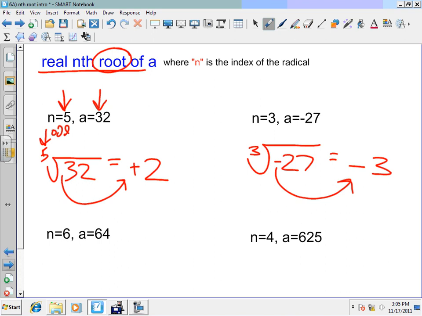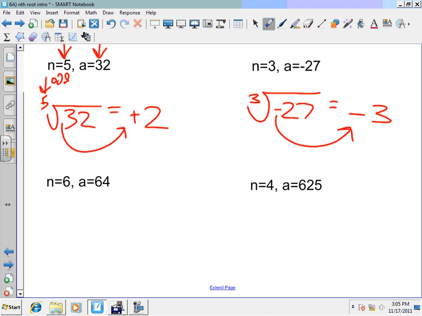Now notice down here where we talk about the 6th root of 64, we're saying, what number times itself 6 times equals 64? Well, that's easy. That's 2. But notice that it's even. So we need both roots, positive and negative, because negative 2 times itself 6 times is equal to 64.